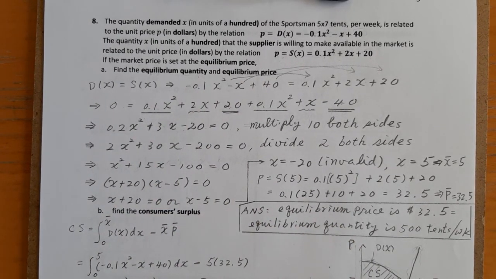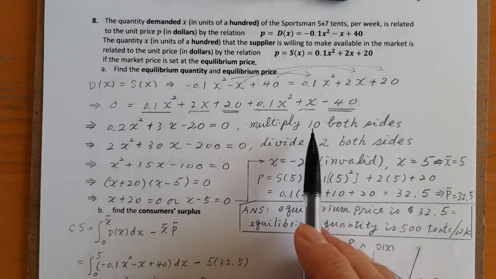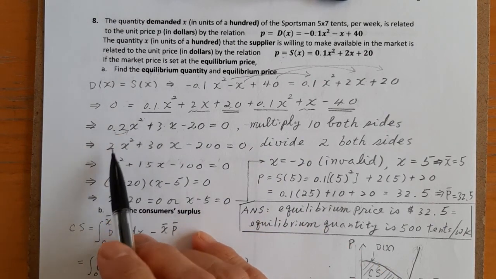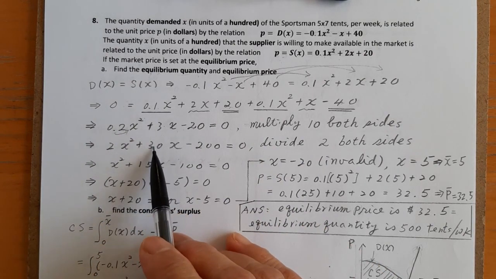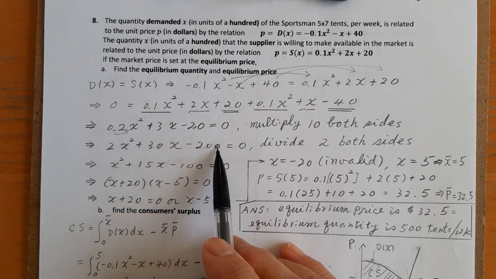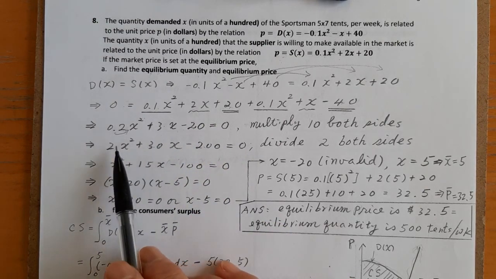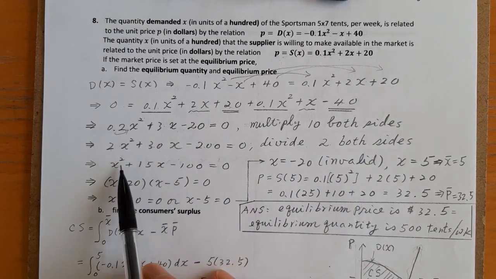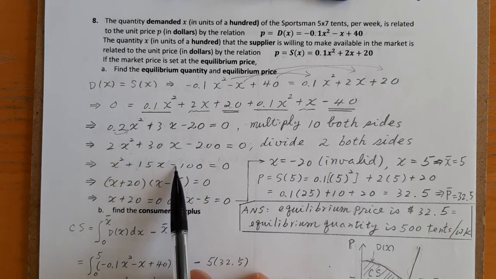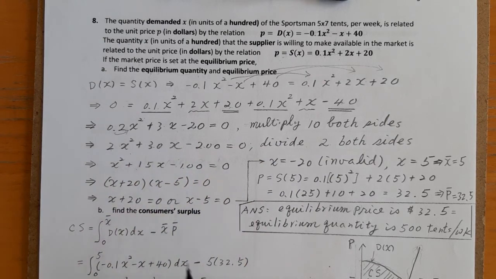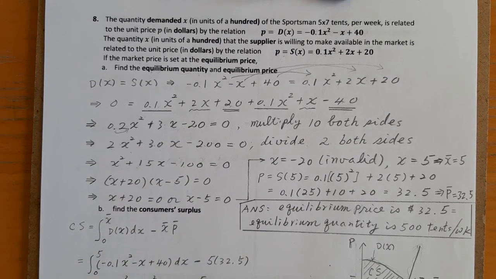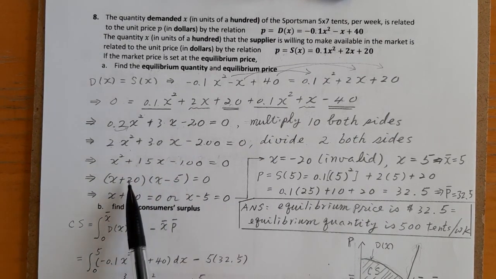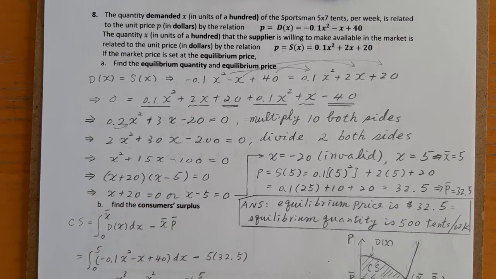Because there is a decimal, multiply by 10 to get whole numbers: 2x squared plus 30x minus 200 equals 0. They have a common factor of 2, so divide by 2 to get x squared plus 15x minus 100 equals 0. Factor it: two numbers that multiply to negative 100 and add to 15 are 20 and negative 5.